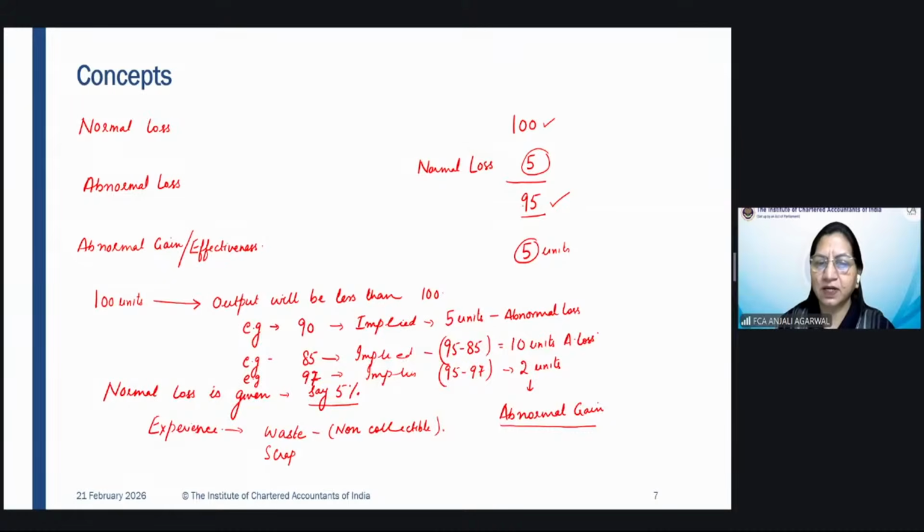So it's the natural tendency of the product to evaporate. You cannot do anything about it, and you cannot even collect it from the atmosphere. So waste which is non-collectible will not give you anything. Nothing will be recovered. So if nothing is recovered, it will not even be sold in the market, and it will be totally waste.